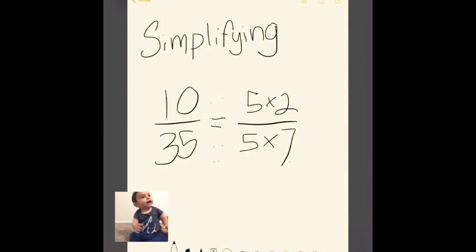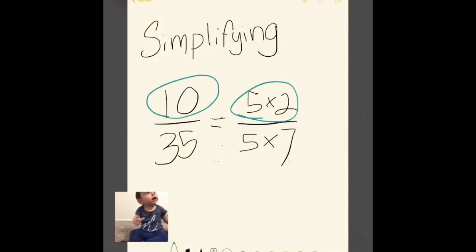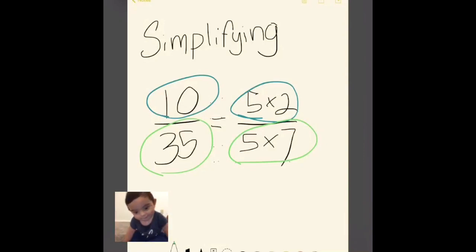So 10 over 35 is the same thing as 5 times 2 over 5 times 7. But guess what? I could really rewrite this as 2 sevenths times 1. Whoa, mind blown.